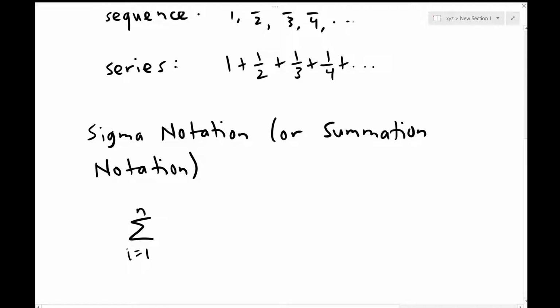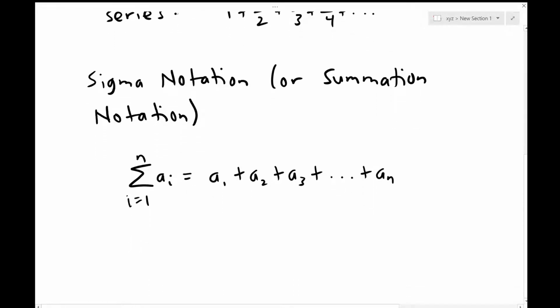So we might see the sum from i equals 1 to n of the terms a sub i. And what this would mean is that we would find a sub 1, a sub 2, a sub 3, and so on, adding those together. And we would keep going until we get a sub n, which is the last term in the series.